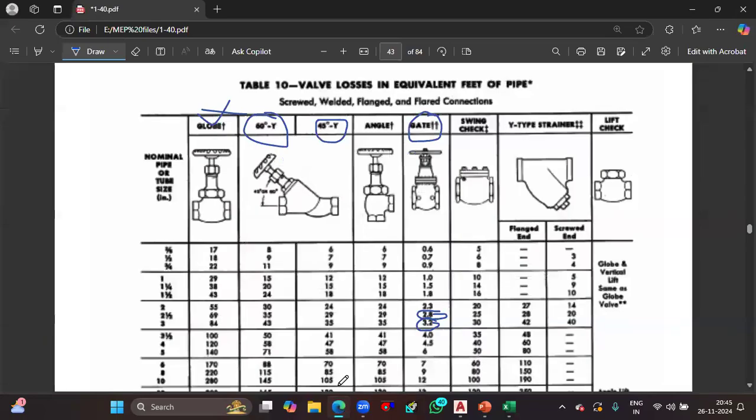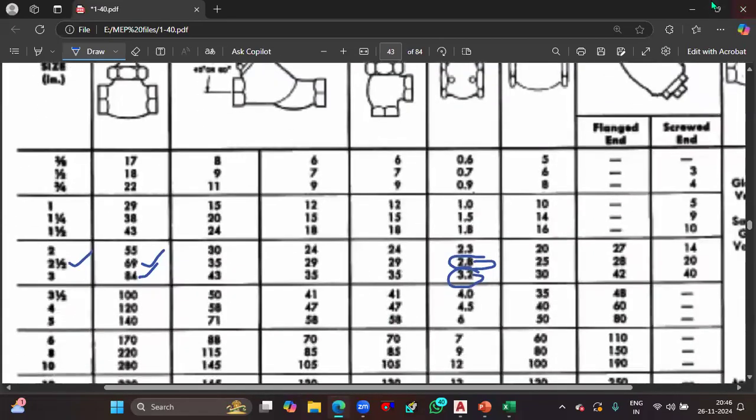And I know the pipe size of the specific line. In the case of the chiller, for 160 GPM, the pipe size is 3 inches. So for 3 inches, you can see for globe, it's like 84. And for AHU, the pipe size is 2.5 inches, isn't it? That means here you can see the value 69. So this is how you need to get those values.